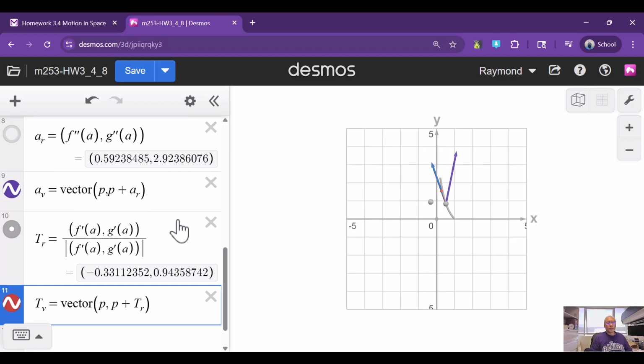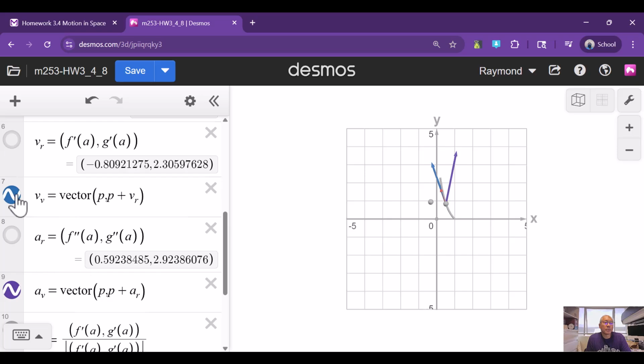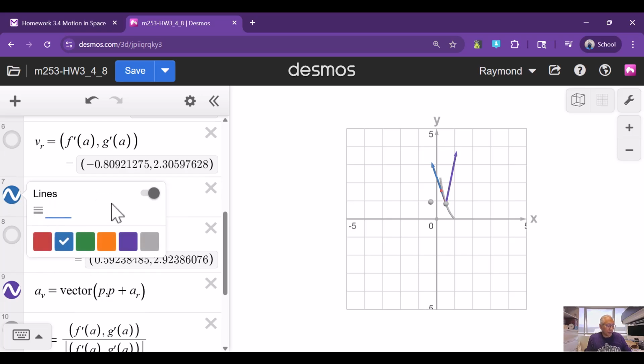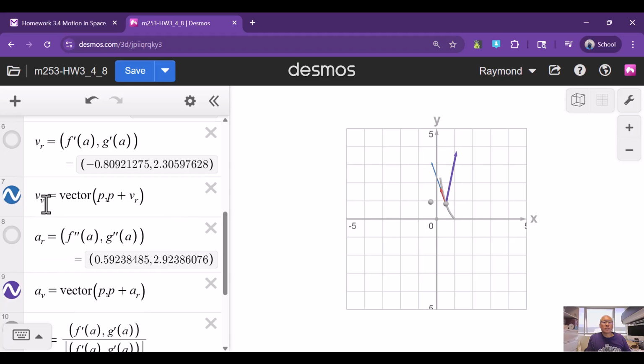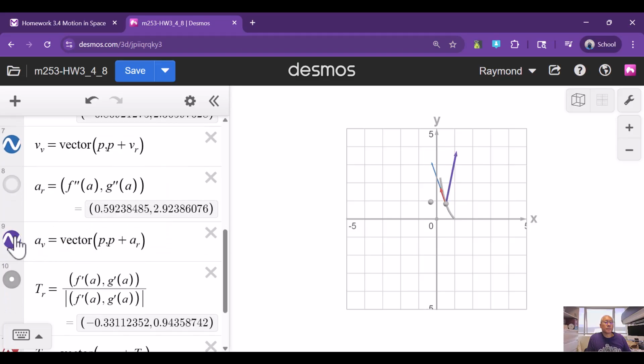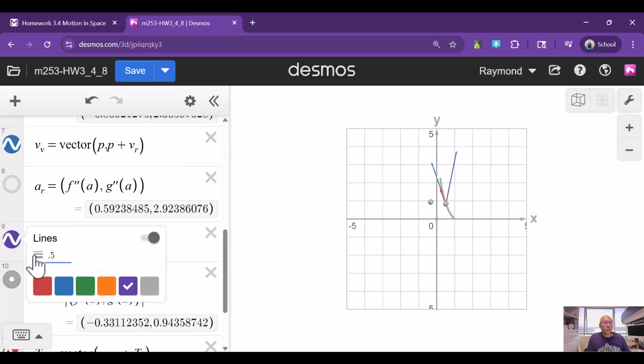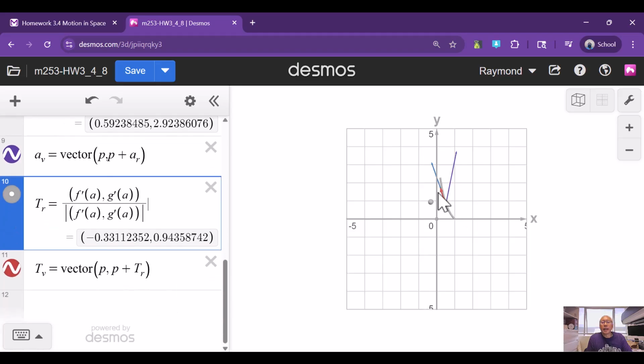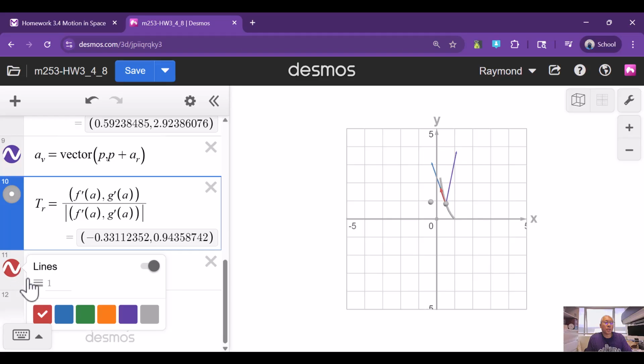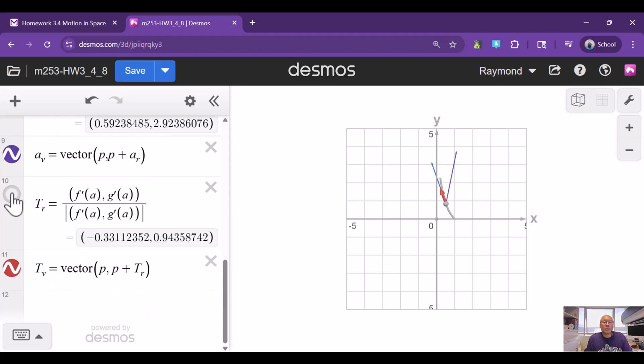So this is the vector. Now that's the red vector, hard to see. So I'm going to make it a little bit thinner by changing the lines to 0.5 width. Now I can see this a little bit better, and if I want to see it clearer, I could do a 1.5 width to make it wider. I don't need this point anymore because remember, this is the unit tangent vector T that we got.